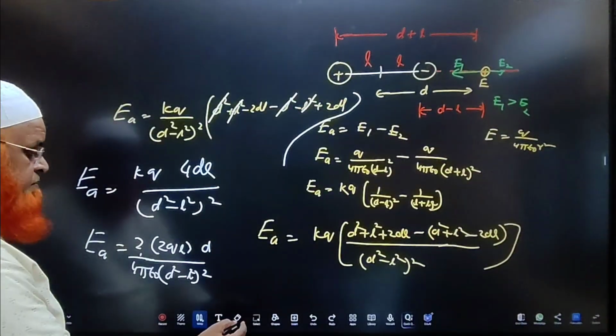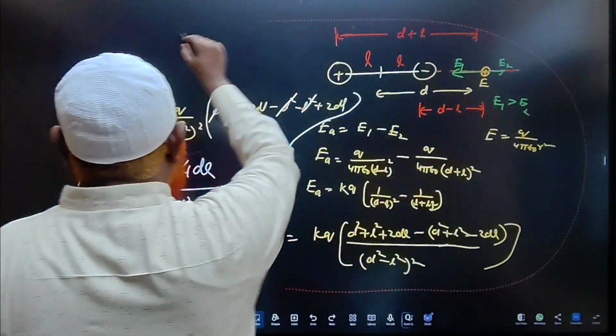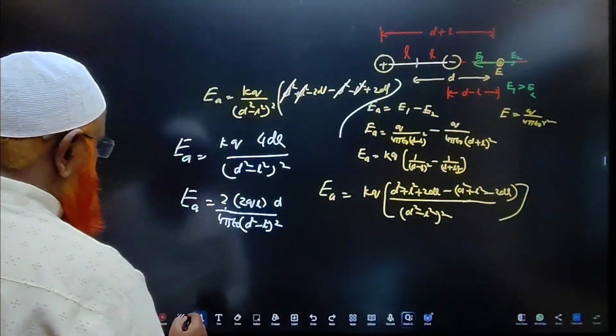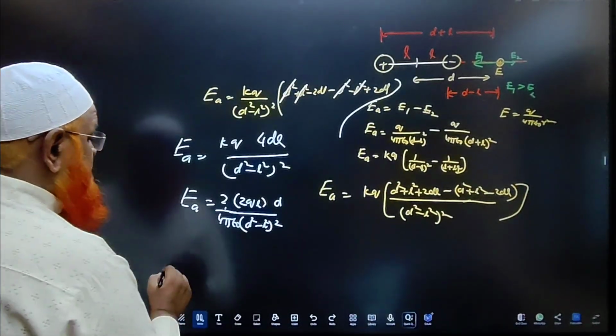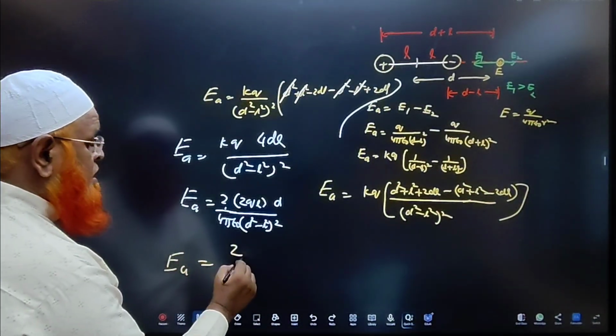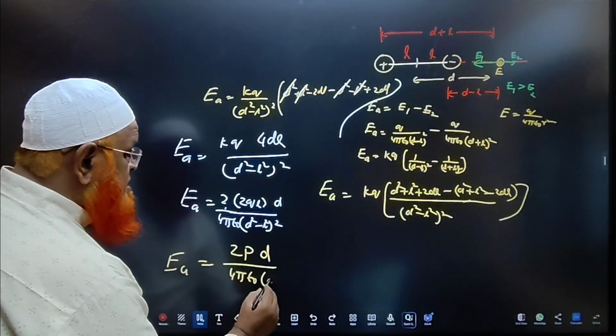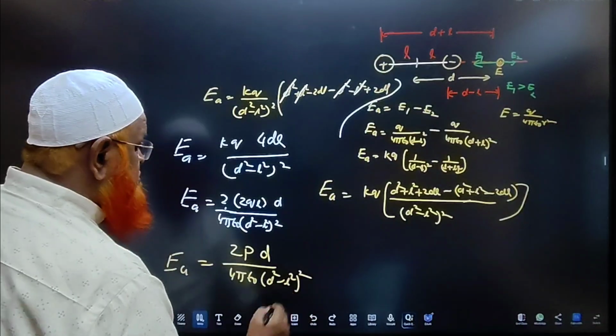So your final step is 2PB by 4 pi epsilon naught, d square minus L square whole square.